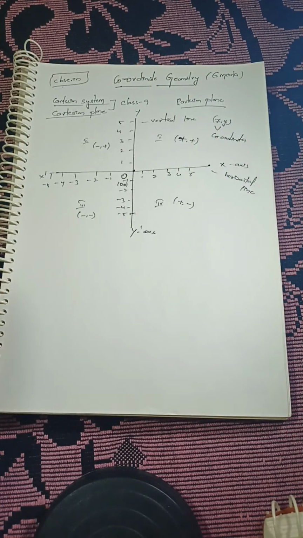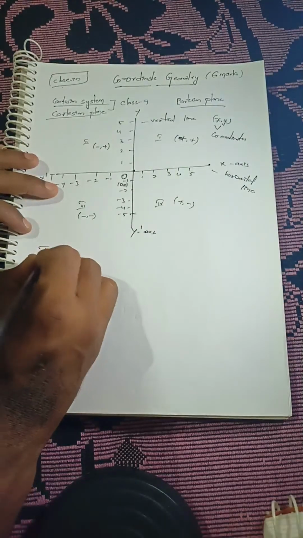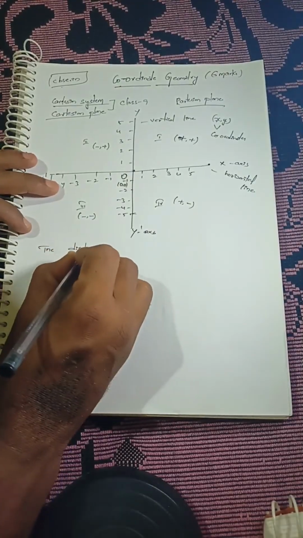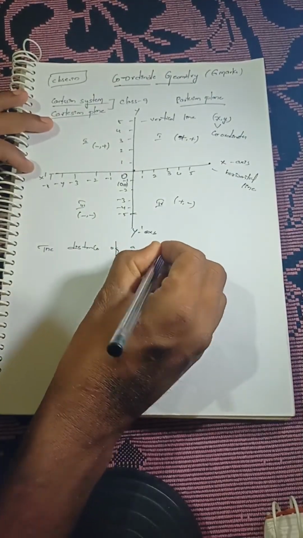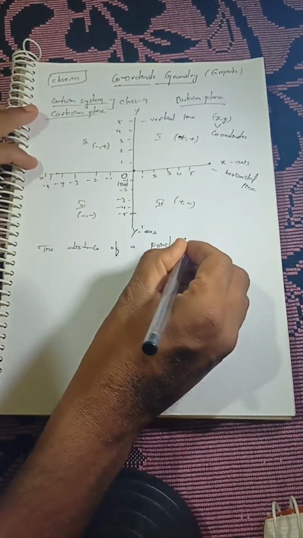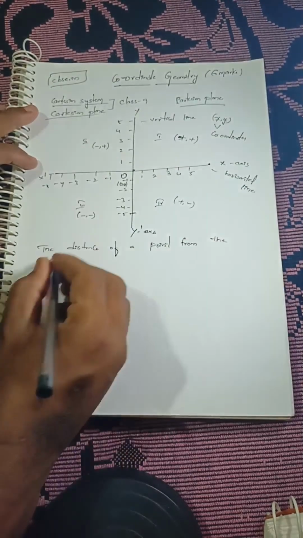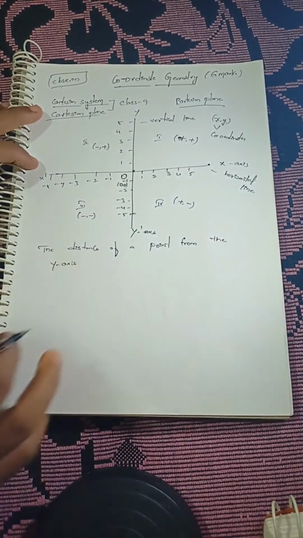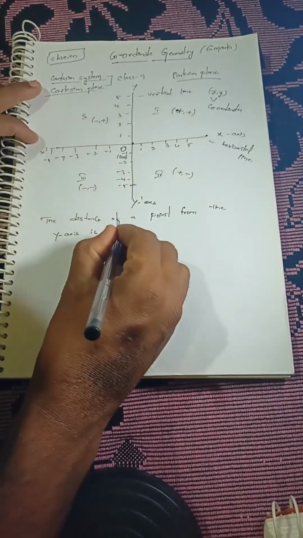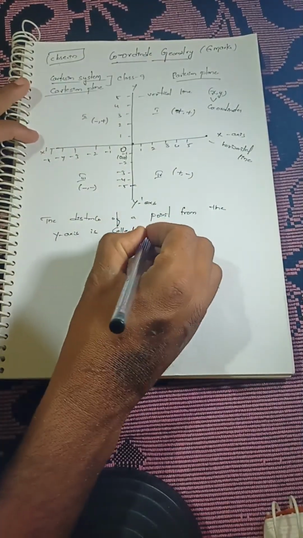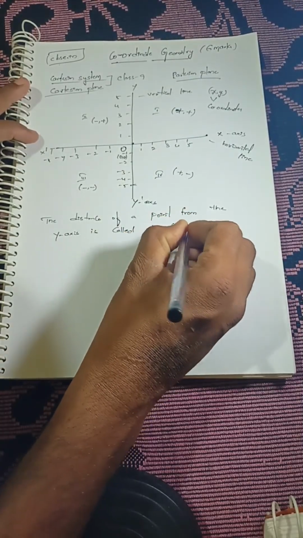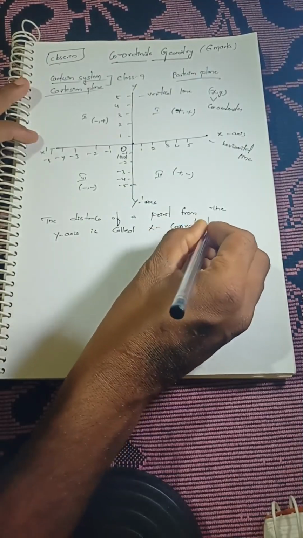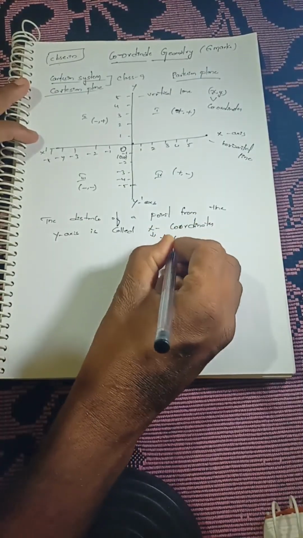Now see, carefully, the distance of a point from the y-axis is called the x coordinate. The x coordinate we also call abscissa.